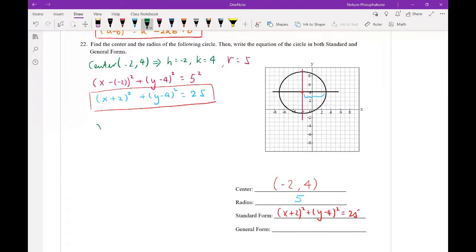Okay. And now let's try to find the general form. So we will have first term squared plus 2 times the first times the second. Remember to move the 25 from the right-hand side to the left-hand side.